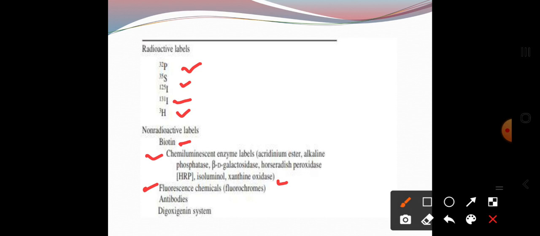Another one is the use of antibodies, where monoclonal antibodies are used. The last one is the digoxigenin system. It works similarly to biotin. They are chemically bound molecules which can detect the hybrid molecule. This is all for the oligonucleotide probes.